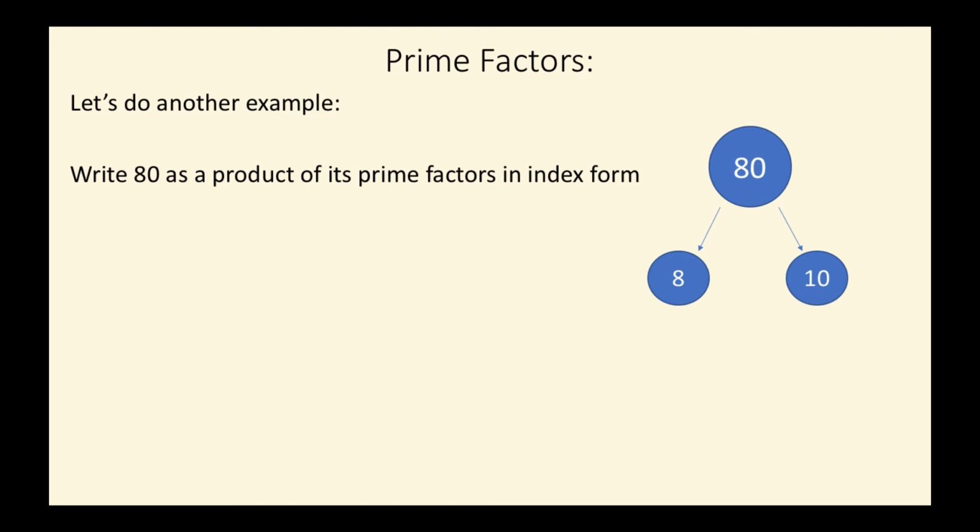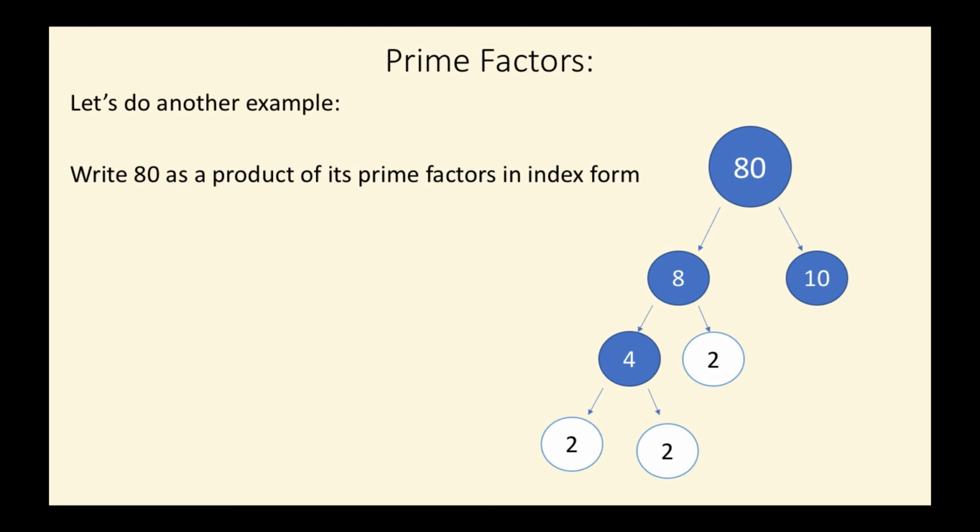Now, none of those are prime factors yet, so I have to use both bubbles. So my 8, this time I am going to divide by 2. 8 divided by 2 is 4. So I have 4 there and 2 in the white bubble because 2 is a prime factor. Oh, sorry, no, we'll carry on with the 4 for now. 4 divided by 2 is 2, so I'm left with 2 and 2 at the bottom there.